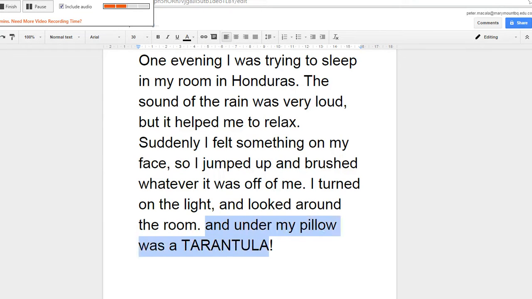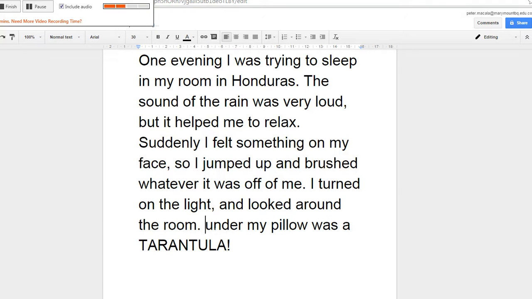I kind of want to add this sentence, but remember the rule said to not do more than two, so I'm going to make this its own sentence. You delete those so, but, and, or then words. Make sure the first letter is capital. Under my pillow was a tarantula, which I'm going to leave as capital letters because it makes it more exciting that way.